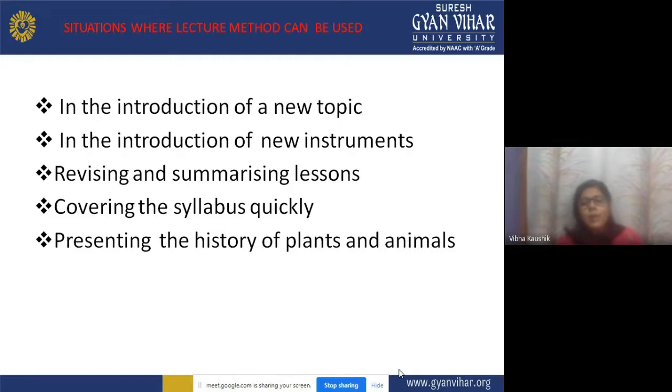Revising and summarizing lessons. When the teacher is revising a particular concept or a particular topic, at the revision of the learner, the teacher can use lecture method. And summarizing means when he is summarizing the major points, that time also the teacher can use a lecture method. Covering the syllabus quickly.